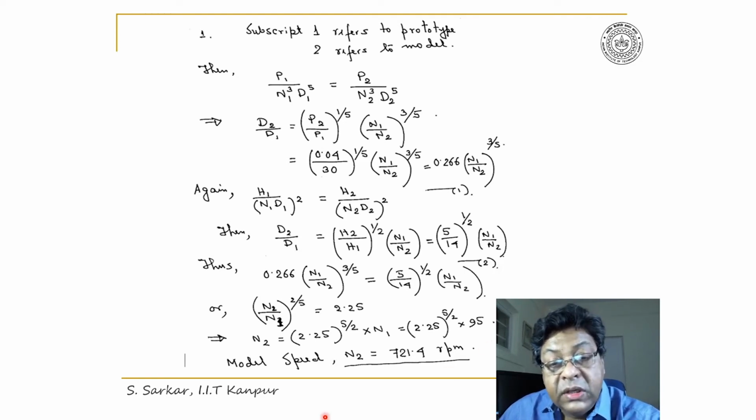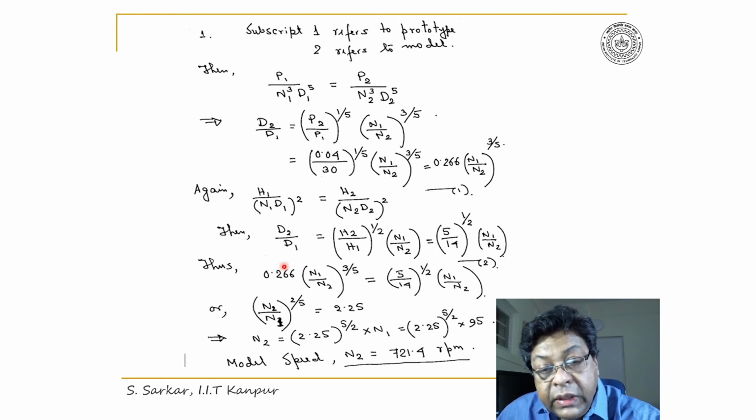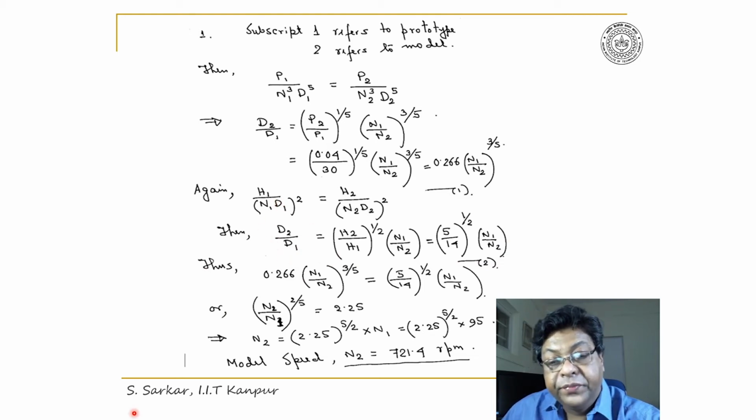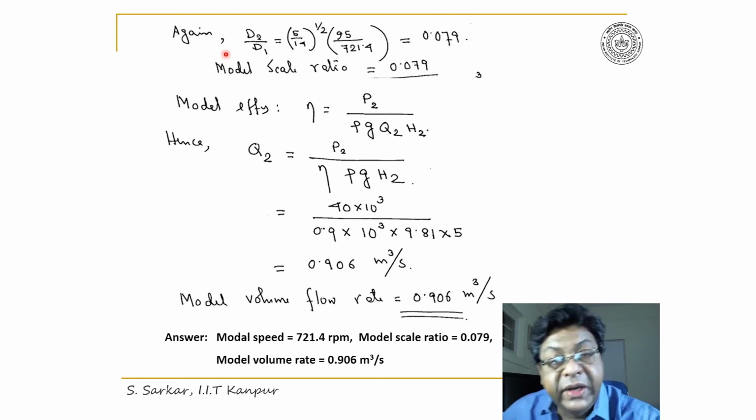Now, if you use either this equation or this equation, since N1 by N2 is known to you, you can calculate the diameter ratio. So that I have done in the next slide.